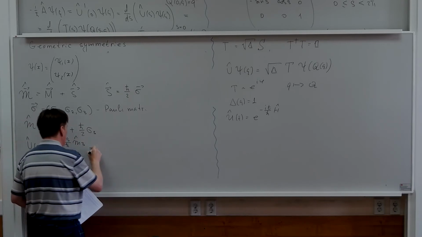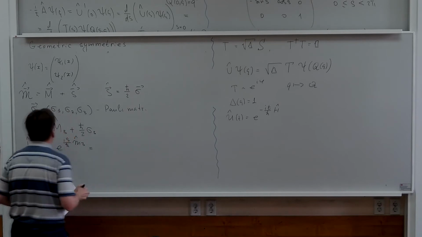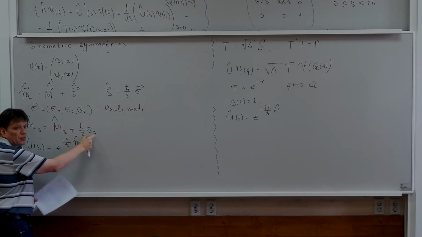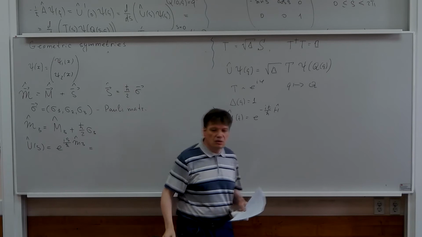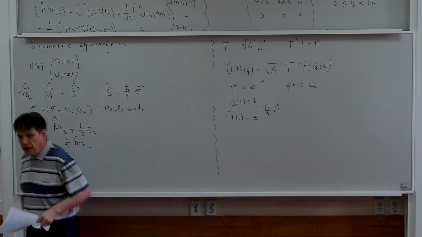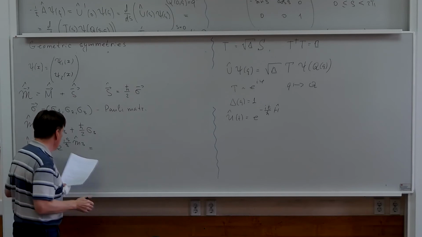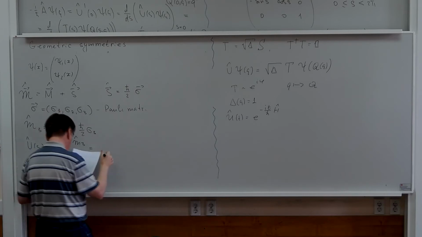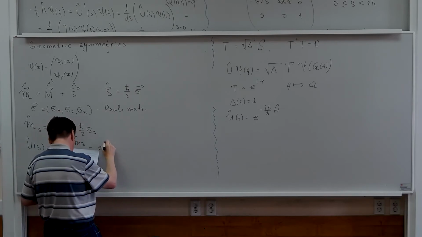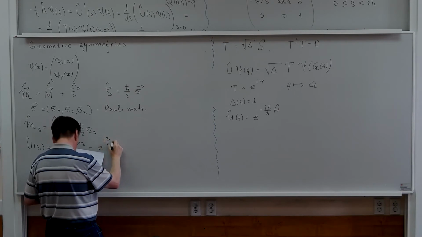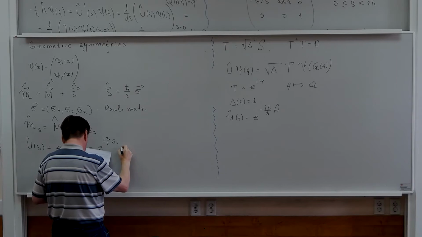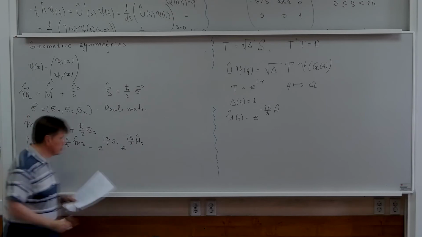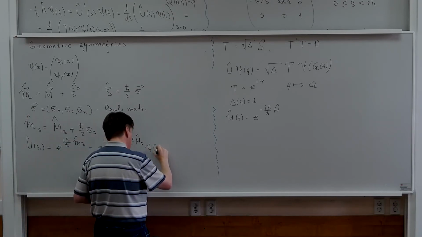Now substituting here this sum and making use of the fact that the operators M3 and sigma 3 commute with each other, since they act on different degrees of freedom, we can factor this exponential function as exp(is/2 sigma 3) exp(is/ħ M3) psi of x.